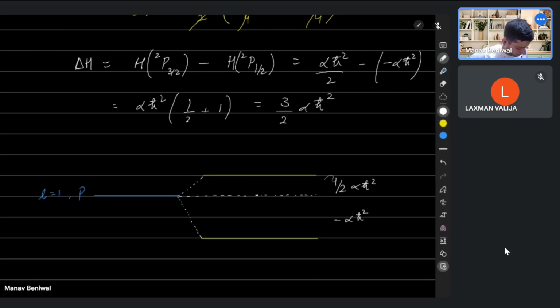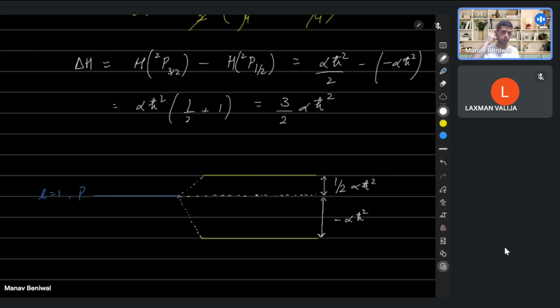So this energy separation is half alpha h cut squared, and this energy separation is minus alpha h cut squared.